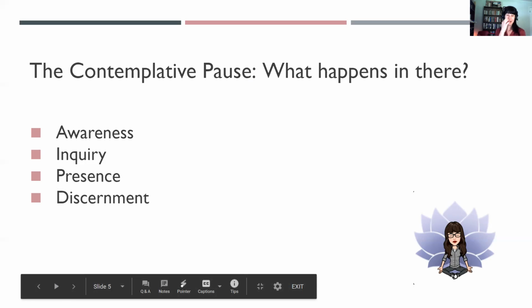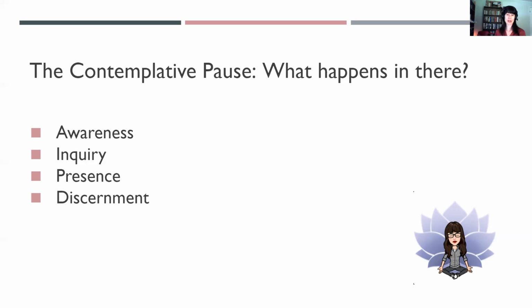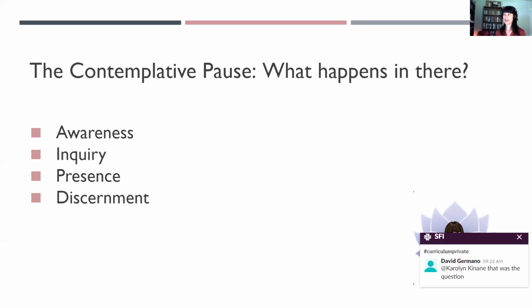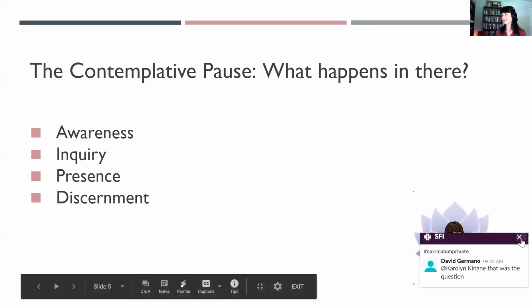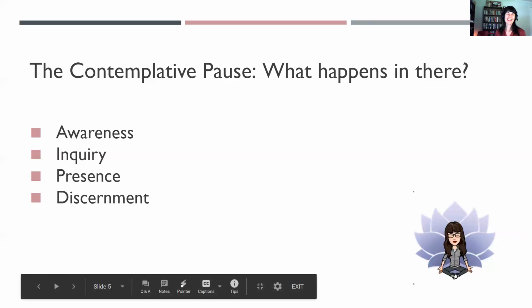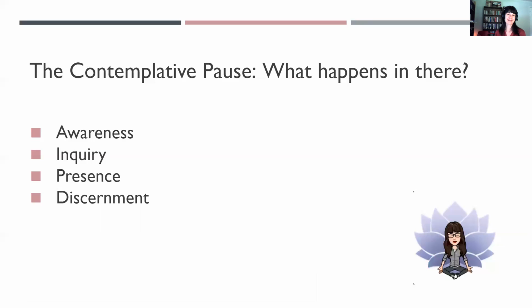Next, discernment. Here I do some informed evaluation. What does this moment or this event call for? What is needed? What will serve my intentions and goals for this experience? How might this experience be an opportunity to live with integrity? So here is where I might make a choice.